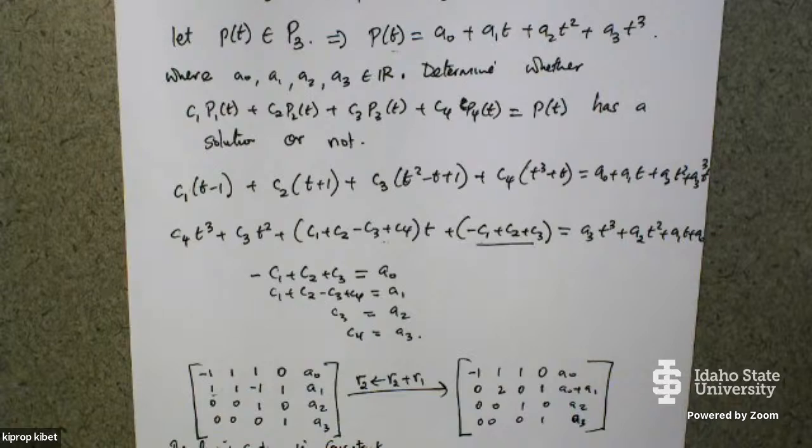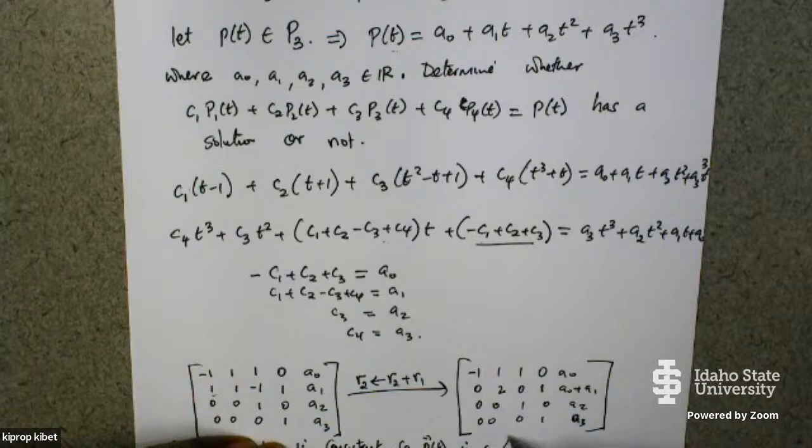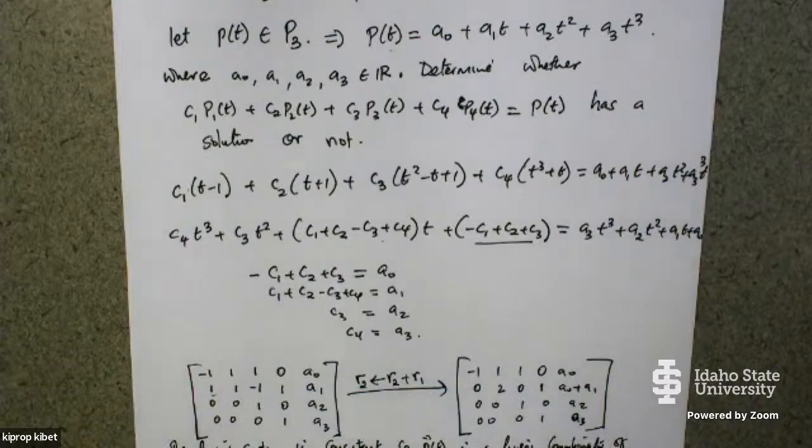Therefore, our P of T is a linear combination of P1 of T, P2 of T, P3 of T, and P4 of T.